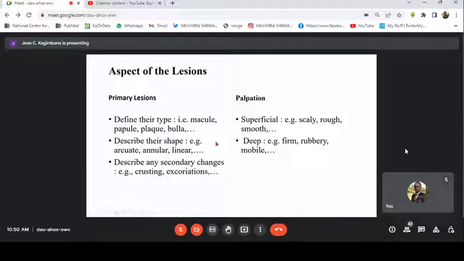Now, you have to palpate because there are those regions which are palpable or not palpable. Okay? This is how you have to describe your region: primary regions, and then touch. And again, you have to see the color. The color may be whitish, okay?